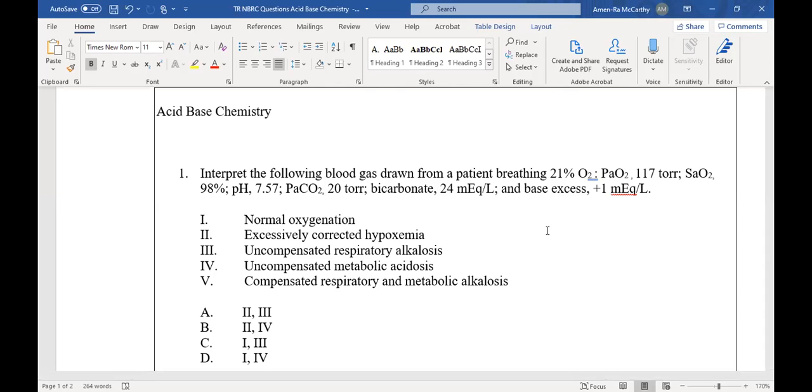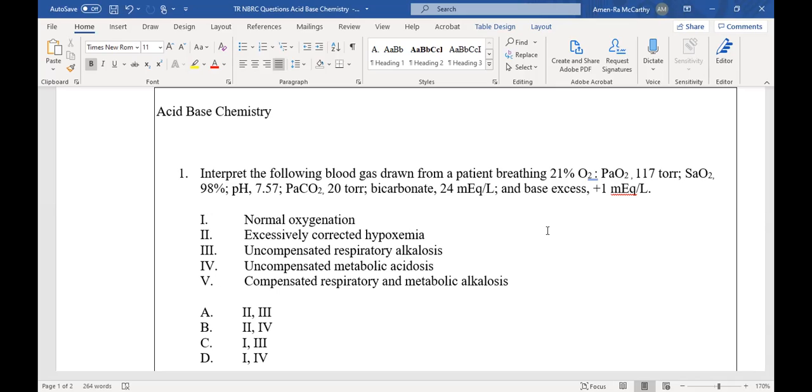That will be up on the board or on the pulse ox on your finger, of 98%. He has a pH of 7.57, a CO2 of 20, a bicarb of 24, and a base excess of +1 milliequivalents per liter. Told you won't have to deal with that base excess that much, so answer the question.